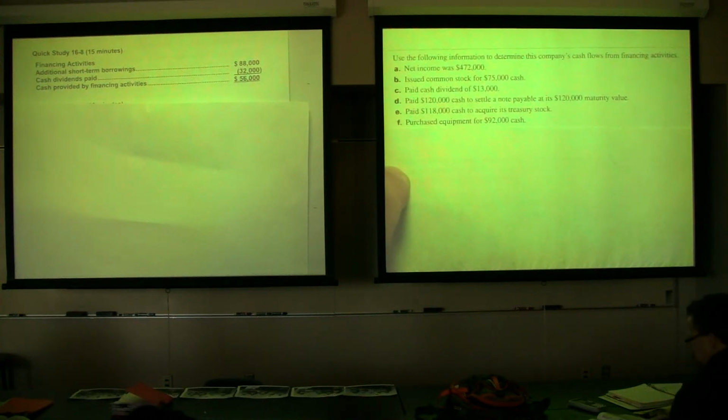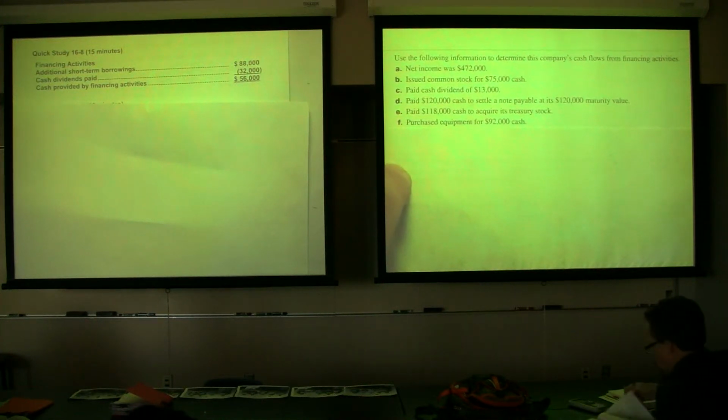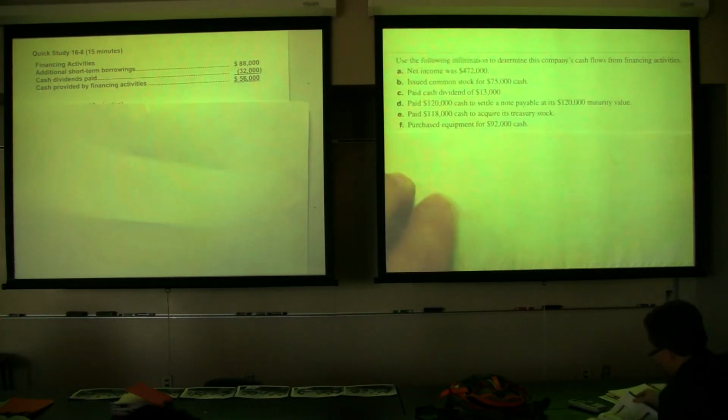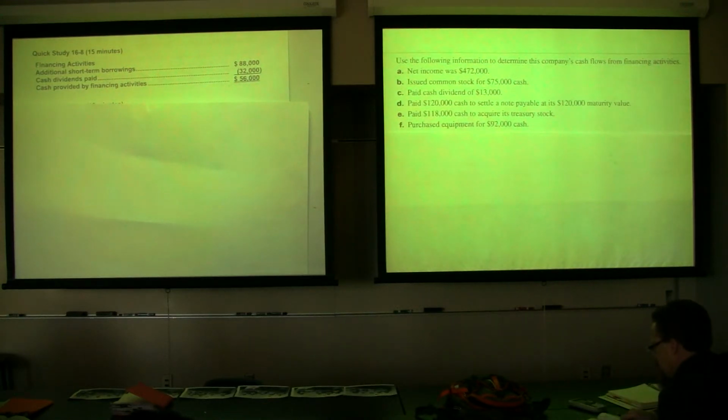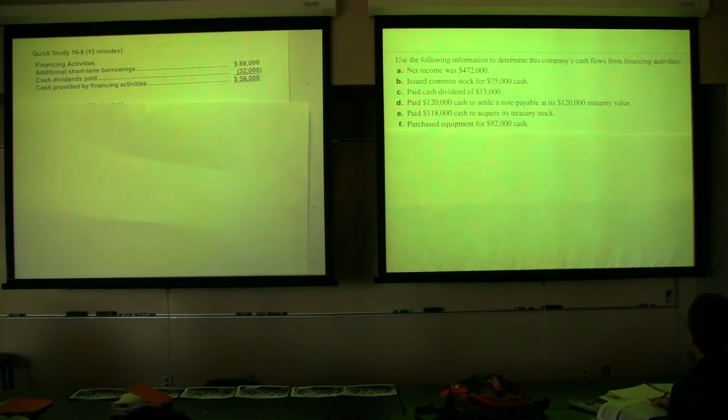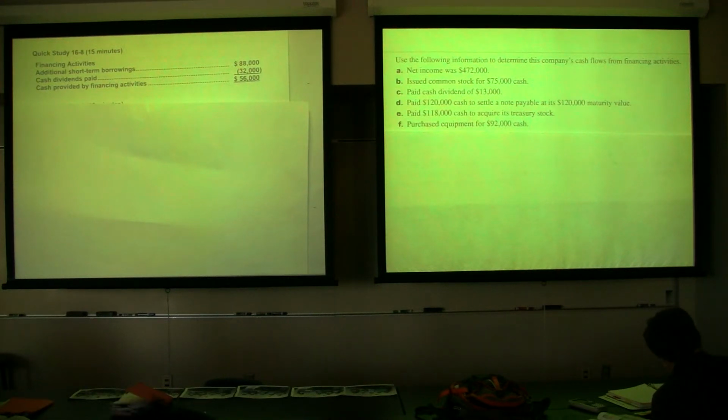The net income was $472,000. Where does that go? Operations, right? Issued common stock, 75,000. Paid cash dividend, 13,000. Paid 120,000 cash to settle a note payable at its $120,000 maturity value. Paid 118,000 cash to acquire treasury stock, purchased equipment for 92,000. So it's financing activities.